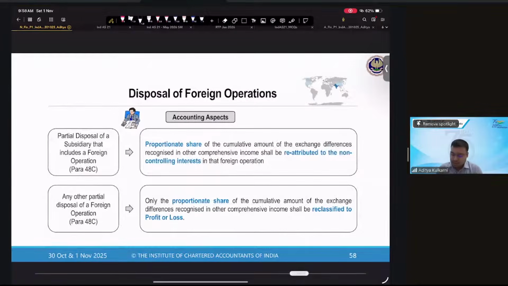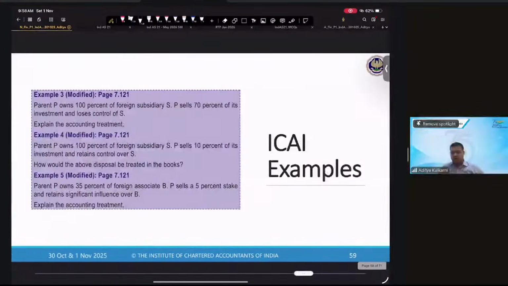Partial disposal, proportionate share, you shall reattribute it to NCI. Any other disposal, proportionate share of the exchange differences, you shall reclassify to the P&L. So all this is your treatment. Now with this background, let us come to this.